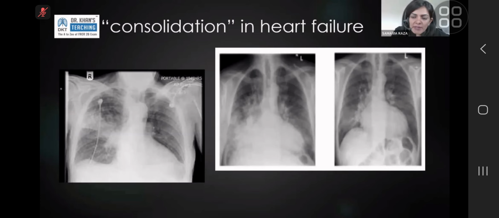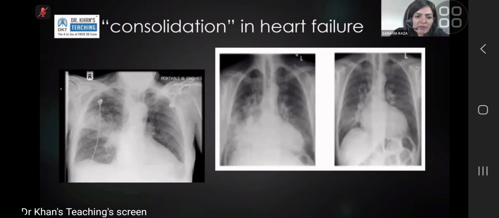That's a very safe way of describing it, because technically nothing can be excluded by imaging alone, and not to the absolute degree. So with something like this, with the right mid zone clear, respecting the fissure, an airspace opacity, somebody would very rightly call that as infection.